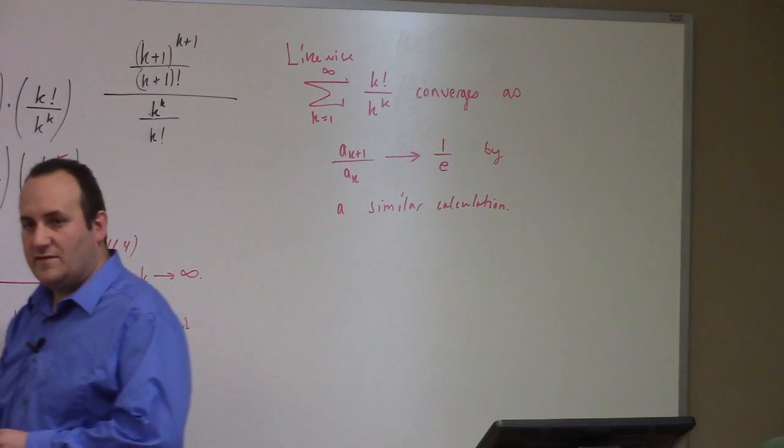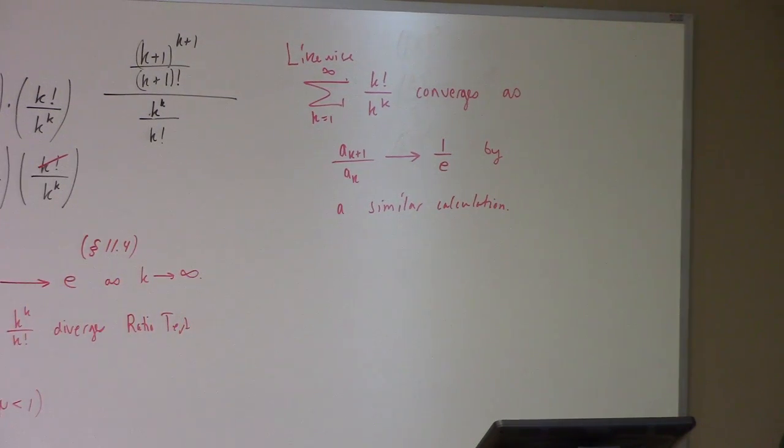And again, using the ratio test. So if we have division by k to the k, it forces convergence. Basically, k to the k beats k factorial.